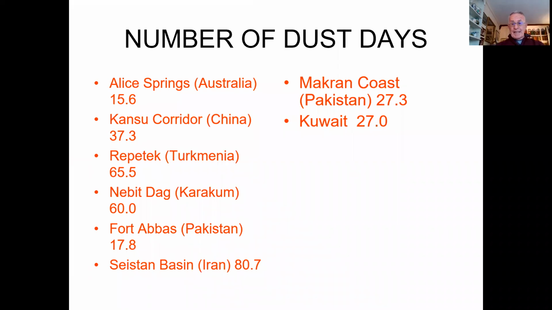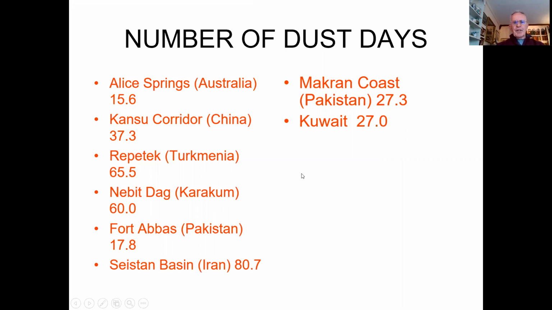And the number of days upon which dust storms occur can be considerable. This is just a fairly random selection that I've put together from the literature, but you can see that dust storms can occur on tens of days in the year, reducing visibility to less than a kilometre.